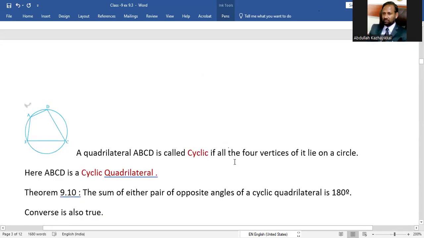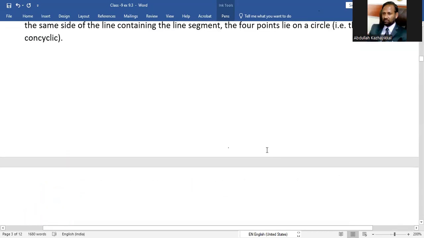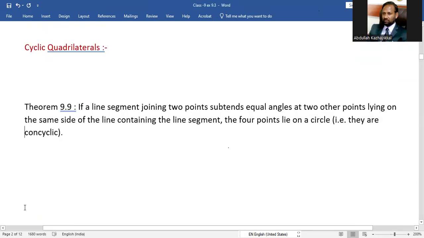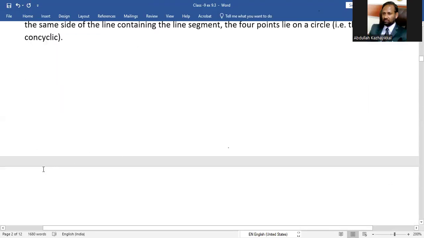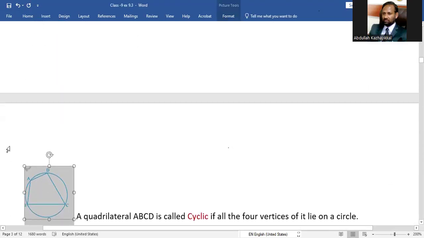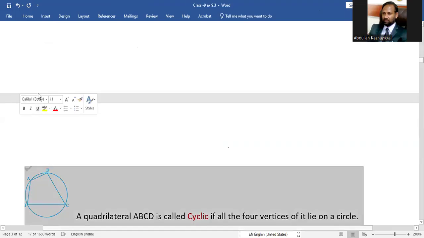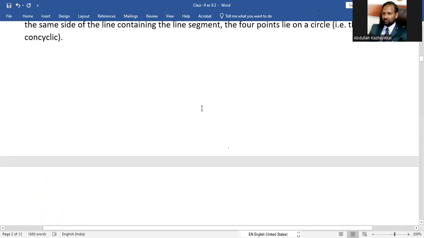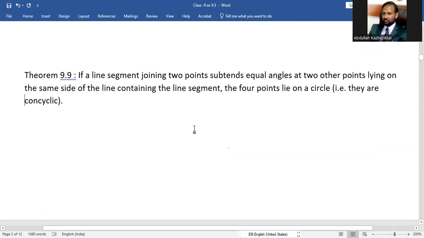ABCD is called cyclic if all 4 vertices lie on a circle. That is the first definition. Concyclic: if a line segment joining 2 points subtends equal angles at 2 other points lying on the same side of the line segment, then the 4 points lie on the same circle, and they are called concyclic.